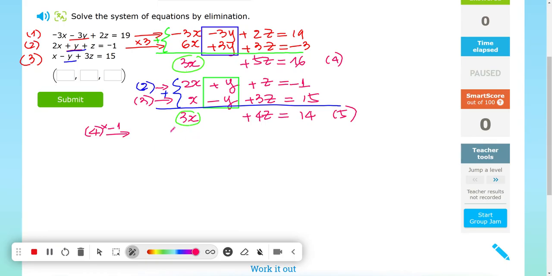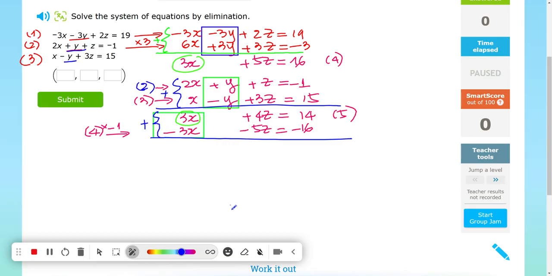Let's do that. 3x times negative 1 becomes negative 3x. 5z times negative 1 becomes negative 5z. 16 times negative 1 becomes negative 16. You can see the x parts are opposite, so if you add them together, the x part is eliminated.